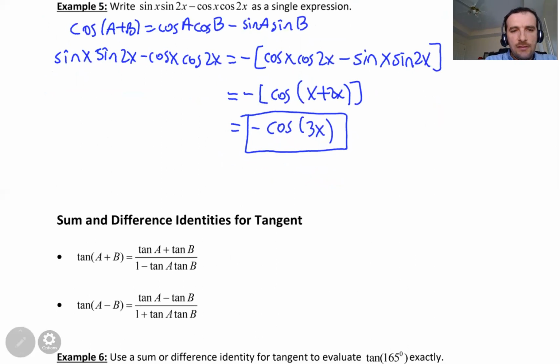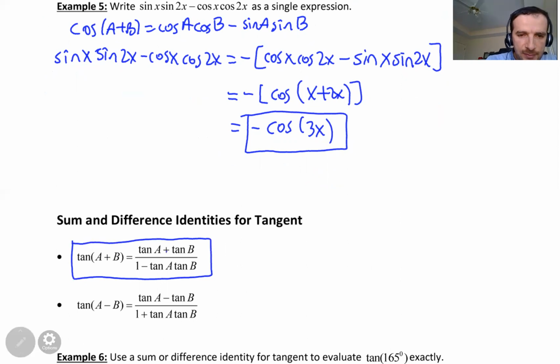So now let's look at the formula for tangent. What is the sum and difference formula for tangent? Tangent a plus b is equal to, if it is plus b, it is plus on the top and minus on the bottom, okay? So tangent a plus b is equal to tangent a plus tangent b divided by 1 minus tangent a tangent b.